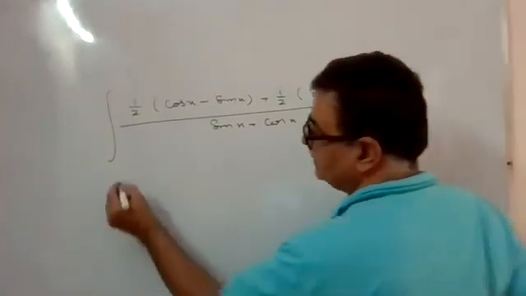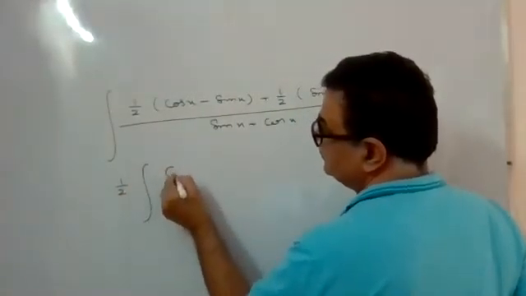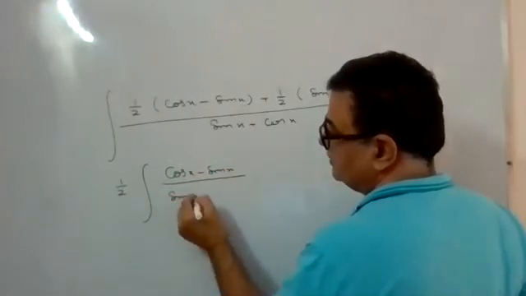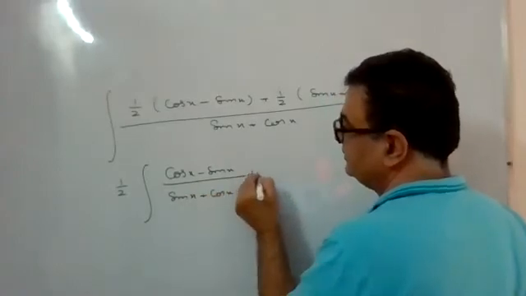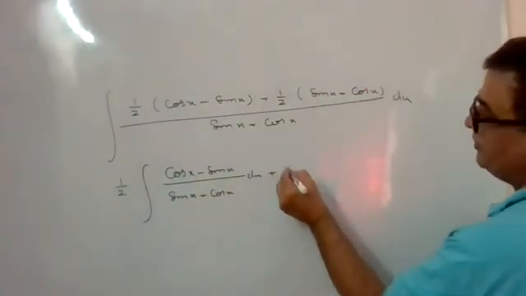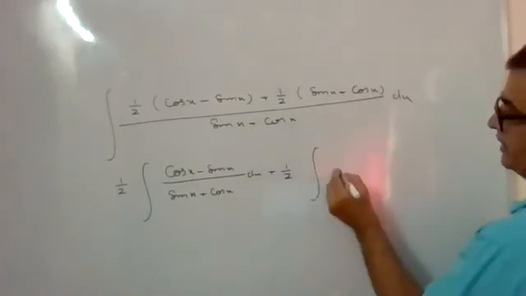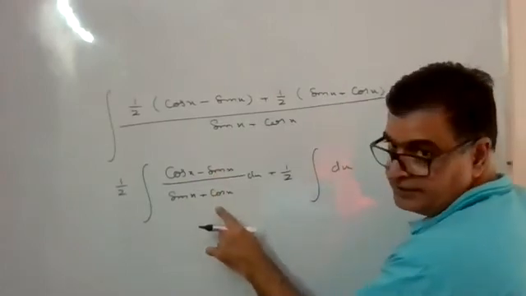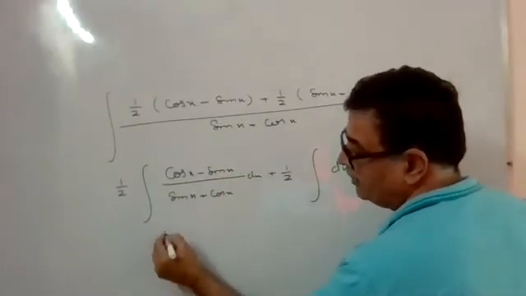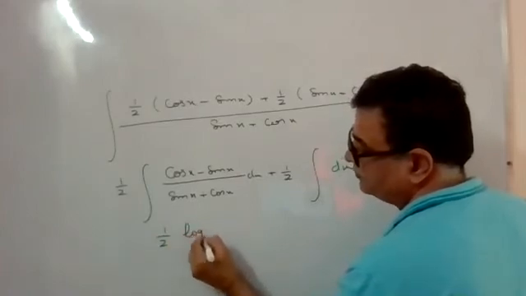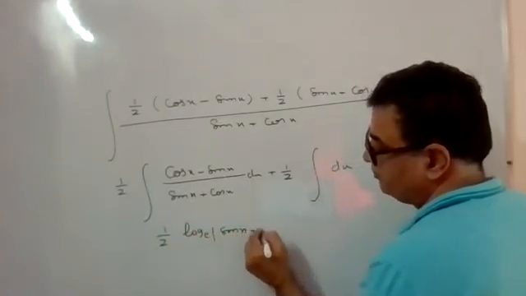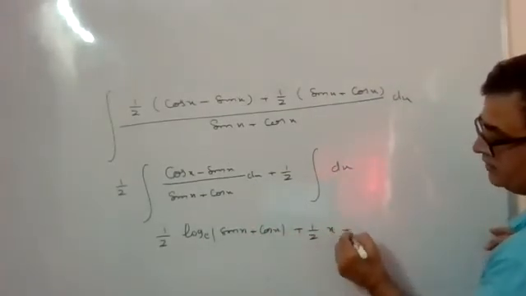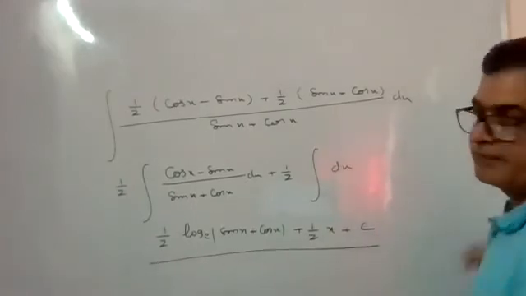Now we will write this as half cos x minus sin x by sin x plus cos x dx. The second will be half. This and this get cancelled out, so left is dx. Its derivative is this. So this is dt by t, I directly write log, half log of sin x plus cos x, and this comes out to be plus x by 2 plus c. This is the answer here.